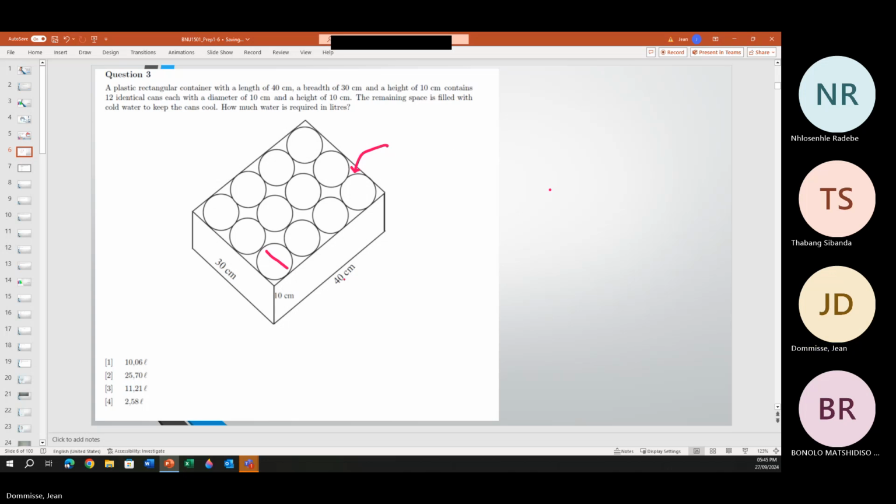Okay, so first we need to work out what is the cube, and then we will subtract 12 of the cans, basically. Okay, so the cube is length times breadth times height, which is 30 times 10 times 40.